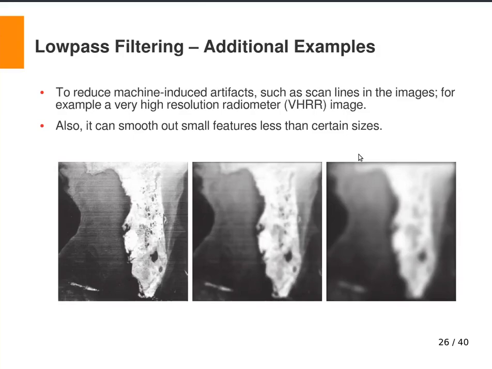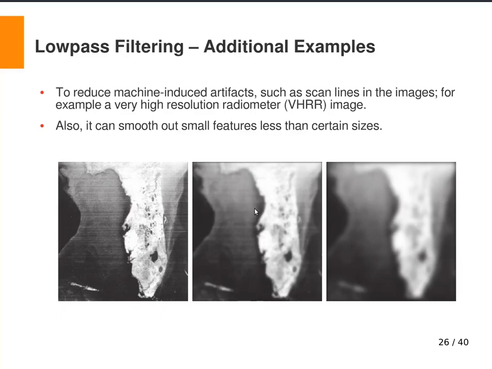And finally, for the last example, we can see an application of low pass filtering that is used to reduce machine-induced artifacts. For example, in this image that is acquired using a very high resolution radiometer, you see that we have these scan lines that appear as a nature of the imaging procedure for this VHRR device.